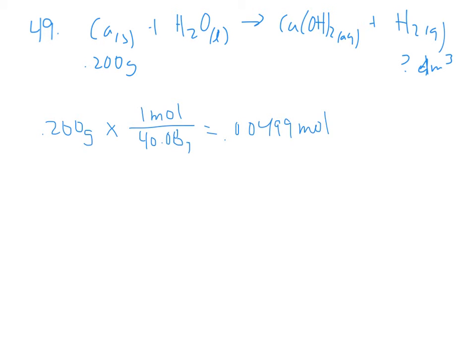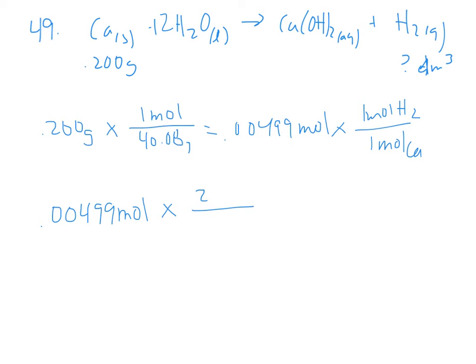moles of calcium. And I see it's in a 1-to-1 ratio. I just noticed I didn't have that balanced there. But it's in a 1-to-1 ratio, the moles of H2 and the moles of calcium. So I know I have 0.00499 moles of H2, and I've been told it's at STP.